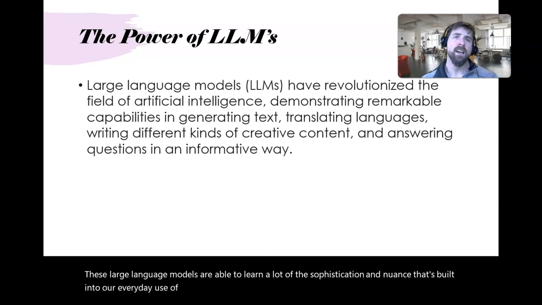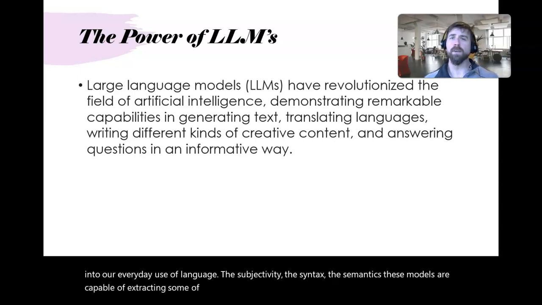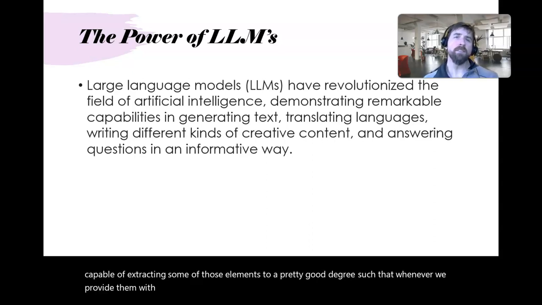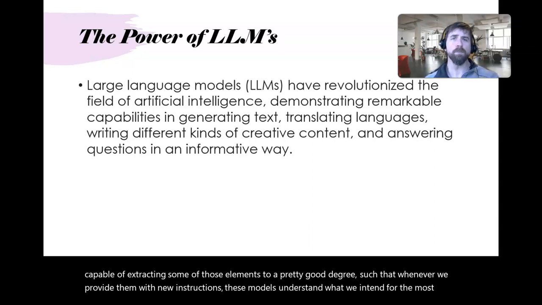The subjectivity, the syntax, the semantics. These models are capable of extracting some of those elements to a pretty good degree, such that whenever we provide them with new instructions, these models understand what we intend for the most part and can produce a response that helps address those instructions.